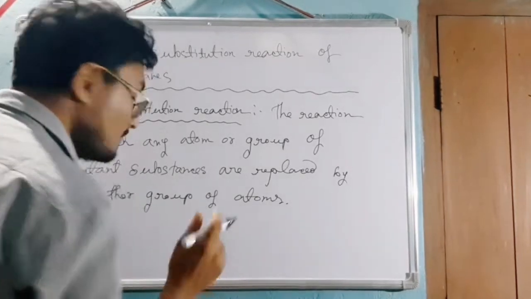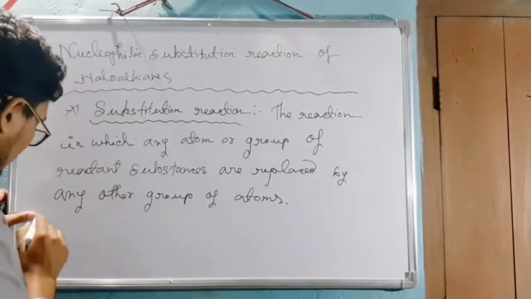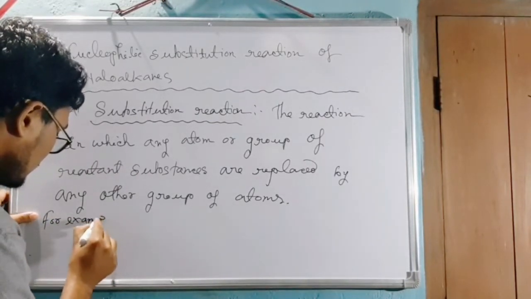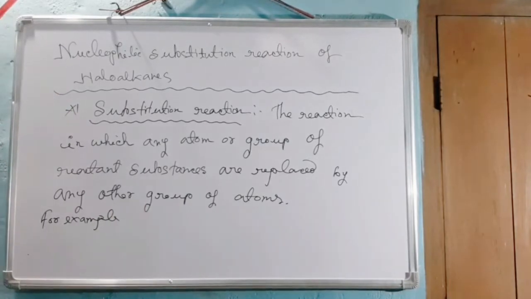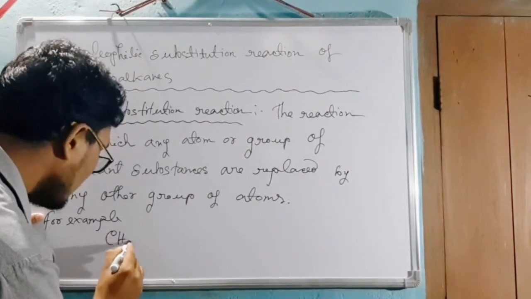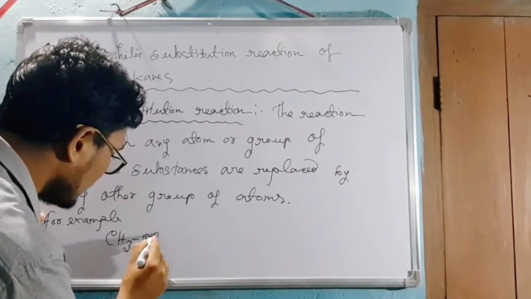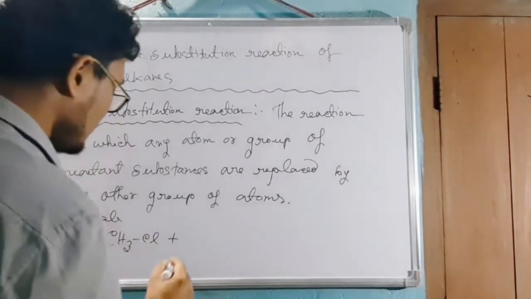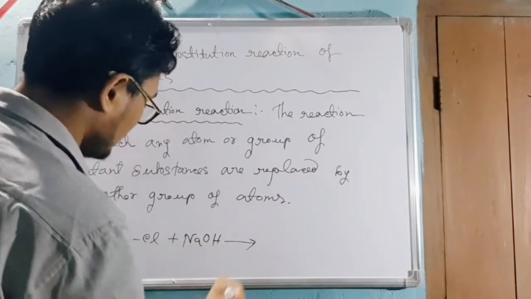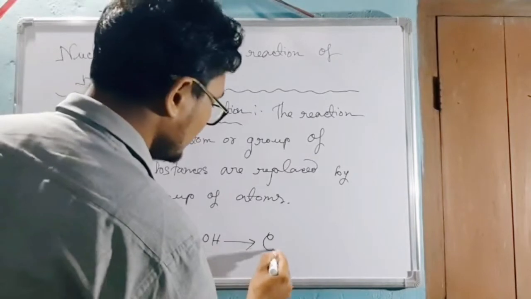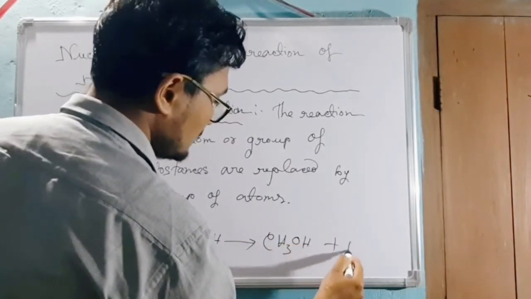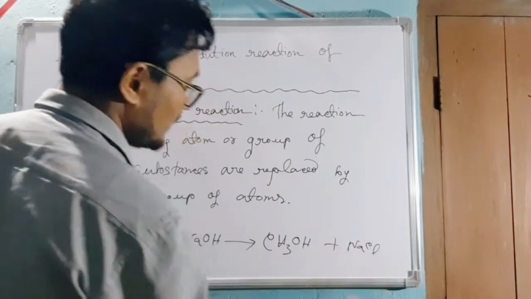Okay, clear? Let me give an example. For example, CH3Cl plus sodium hydroxide goes to CH3OH plus sodium chloride.